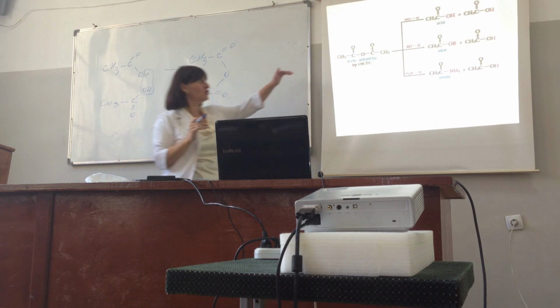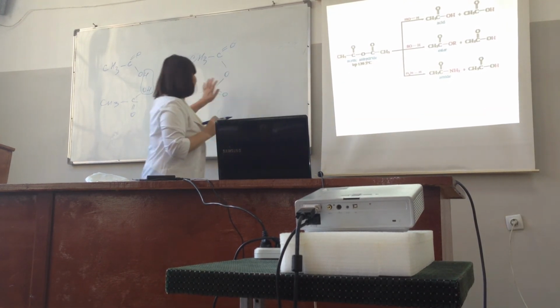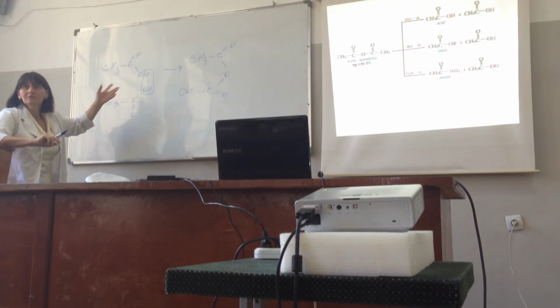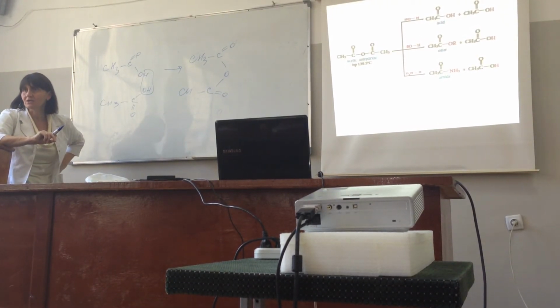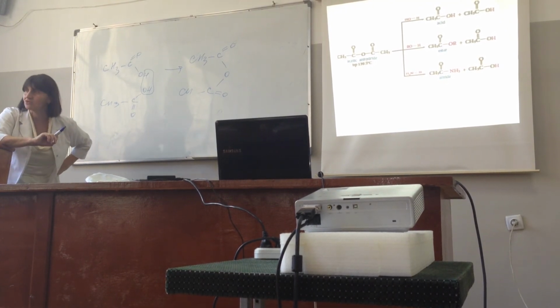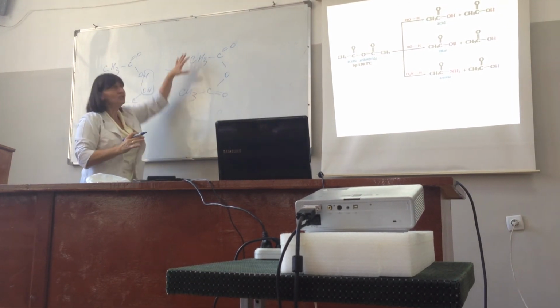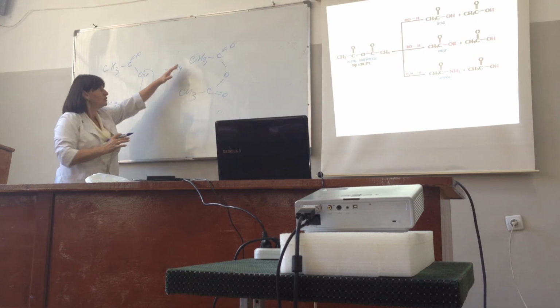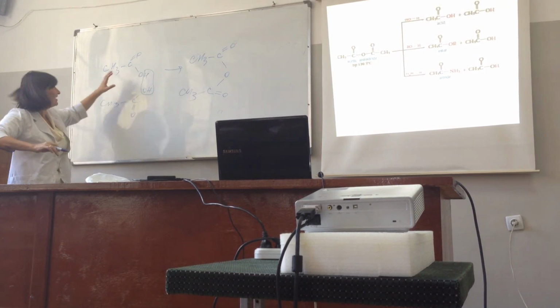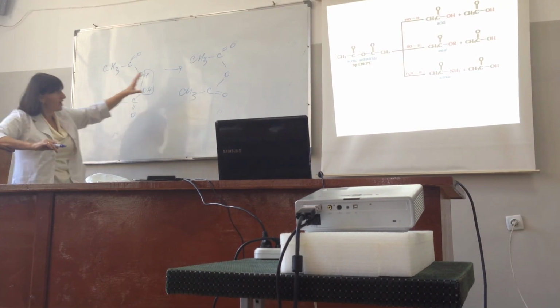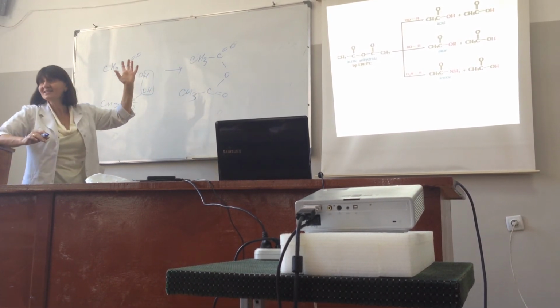Or another version you can write like this. This is anhydride. Now, if you take different monocarboxylic acid molecules, in this case you get mixed anhydride, where you have different radicals in these 2 parts. Here you have the same radicals, because I have taken the same molecule of carboxylic acid. Here you have acetic acid, so you get acetic acid anhydride.